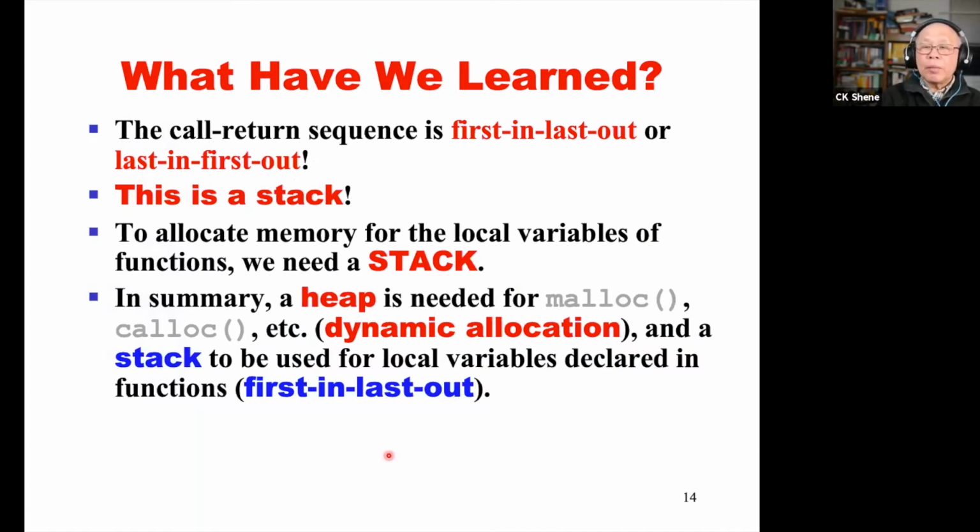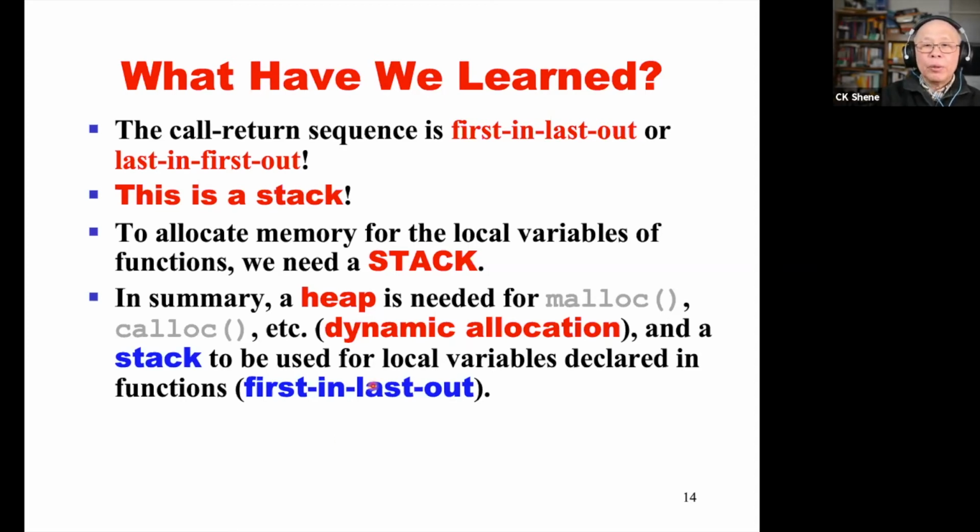The size of this stack is unknown. Why? If you have a function that calls itself recursively, its local variables will be pushed onto the stack over and over. You don't know how many recursive calls to that function there will be. Therefore, the size of the stack is unknown.